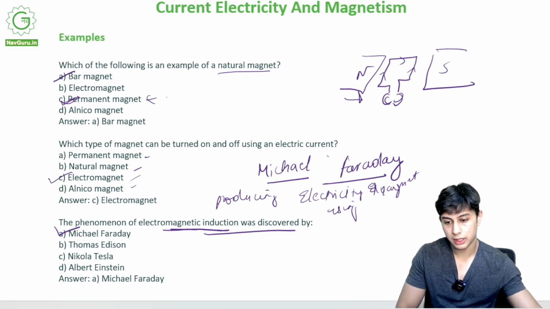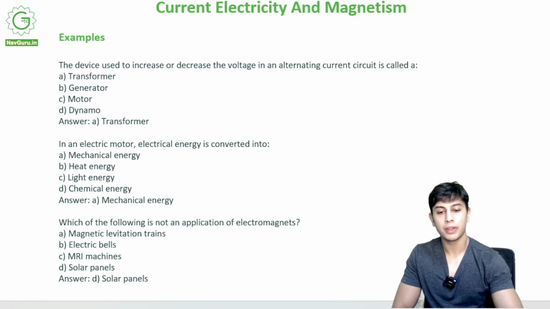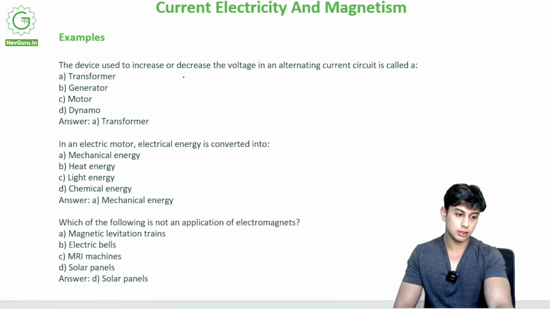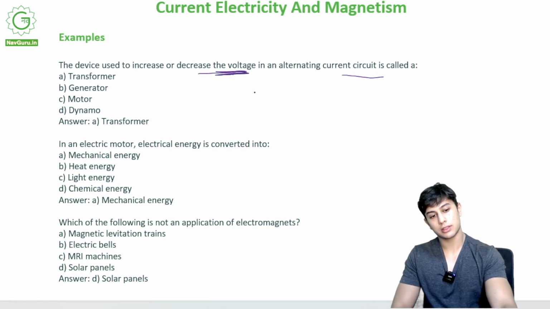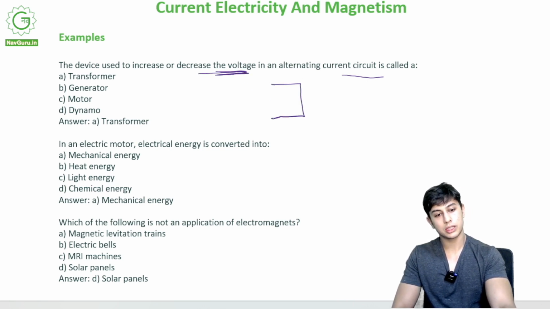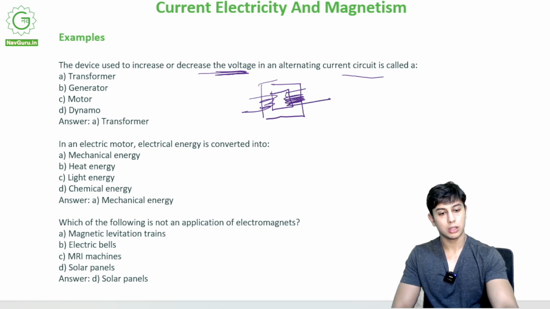What? Electromagnetic induction. The device used to increase or decrease the voltage in an alternating current circuit is called what? You increase or decrease the voltage. It was done using primary coil, secondary coil.